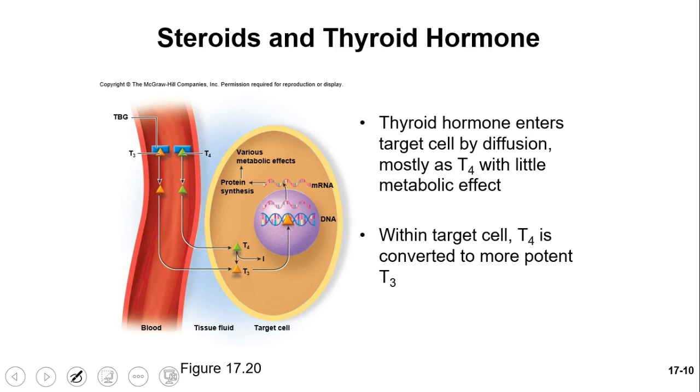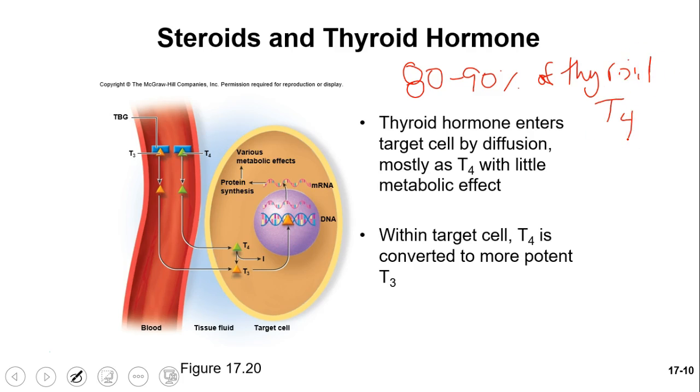When thyroid hormone is produced, it's primarily producing T4. Okay? T4 is the less biologically active form, but 80 to 90% of the thyroid hormone that's made, let's write this down, 80 to 90% of circulating thyroid hormone is T4.